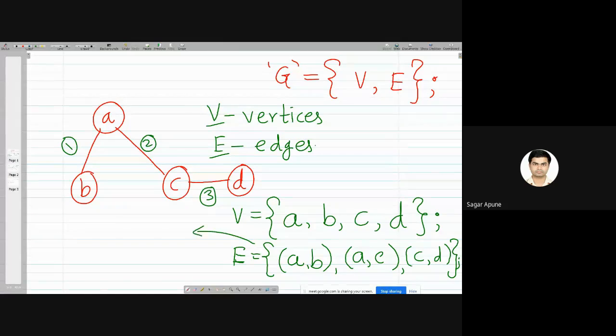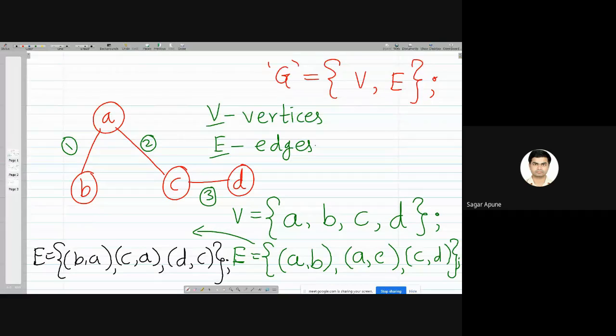You can represent your E set like this also. Here my E can be represented as B to A, C to A and D to C. The meaning of both statements is similar, because there is no direction in my graph, right?